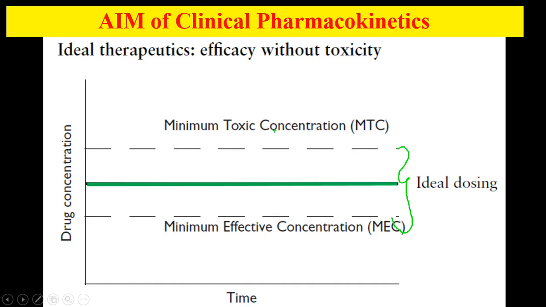As we can see, the minimum toxic concentration is the minimum tolerable toxicity. For example, for paracetamol, it might be slight nausea, but that is seen at the minimum. That is not hepatic toxicity, which is seen at the higher level.